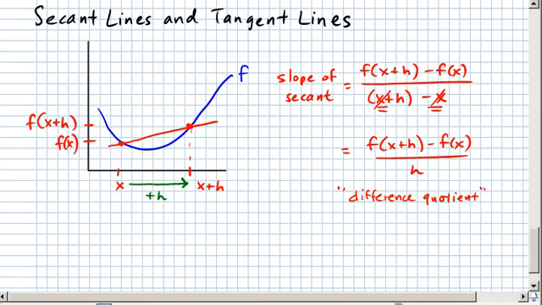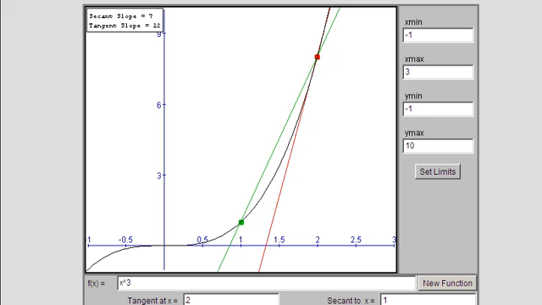Here's a specific example of both the secant line and the tangent line now on the same graph. The green point is going to represent our x, and then this distance here is our h, and so right here then would be our x plus h.